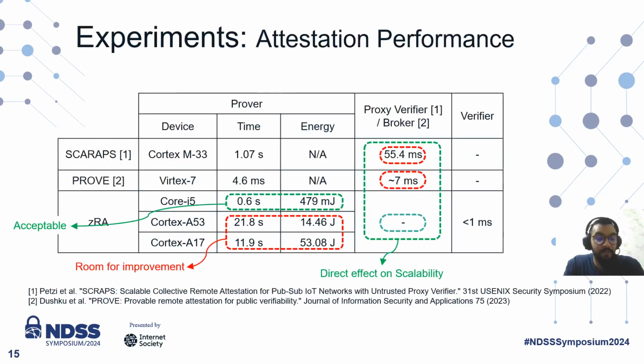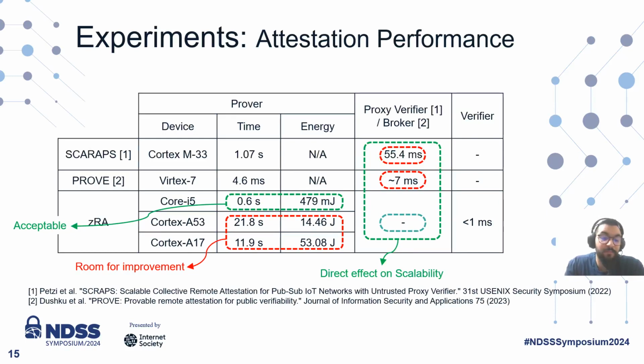In terms of computational complexity on the prover side, Zira obviously requires more complex computations because it calculates these zkSNARK proofs. But on the bright side, this complexity does not really affect the overall performance of the entire protocol, because these proofs are per device and only per attestation.